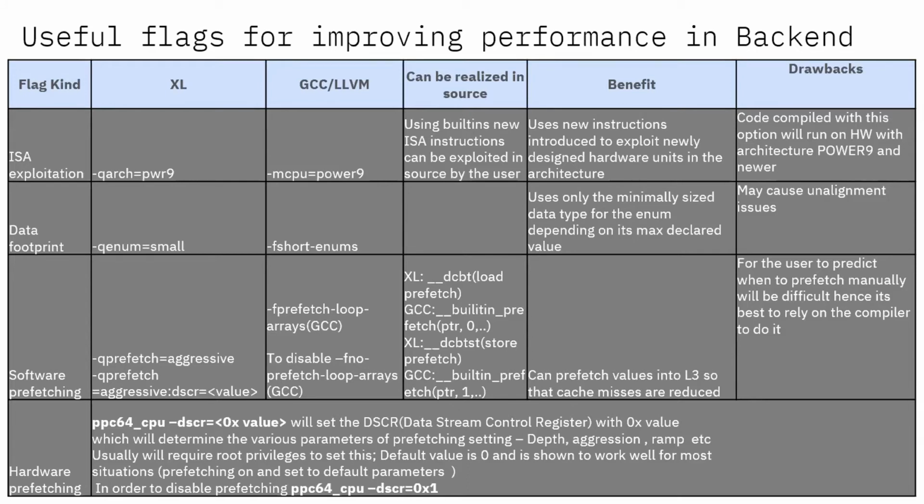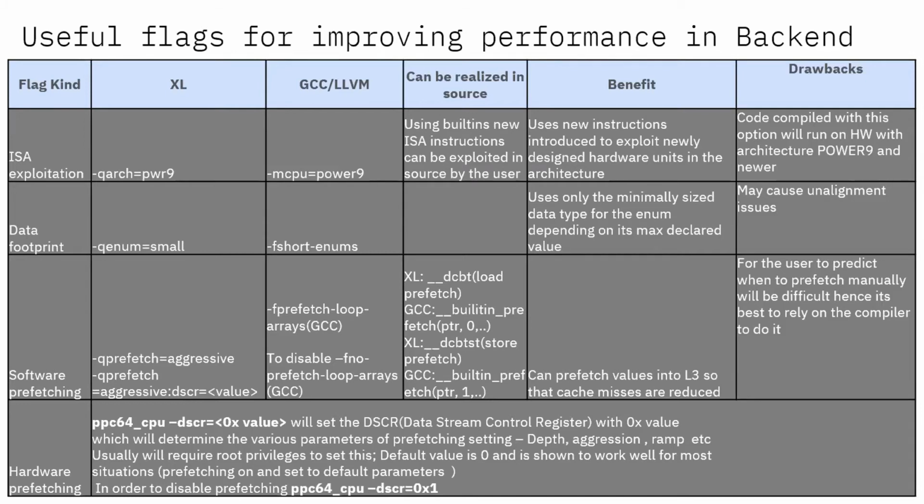So you could use a specific compiler flag to tell the compiler to use only the minimum memory required to store that value. You don't have to use the default integer data type for that purpose. This we have seen helps reduce a lot of memory footprint. But on the negative side, it may introduce some misalignment issues, so you'll need to be aware of that.